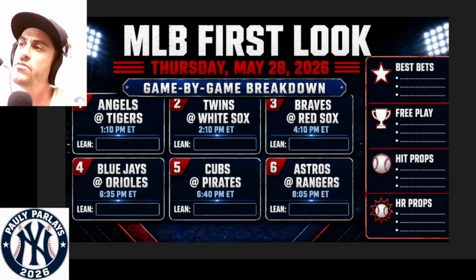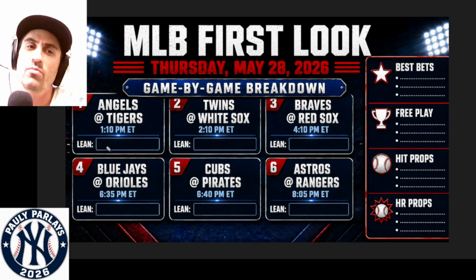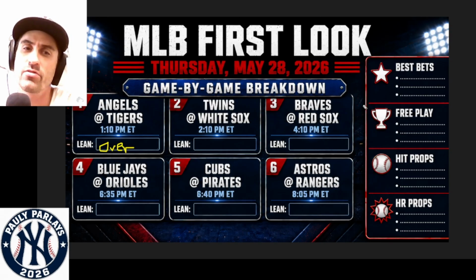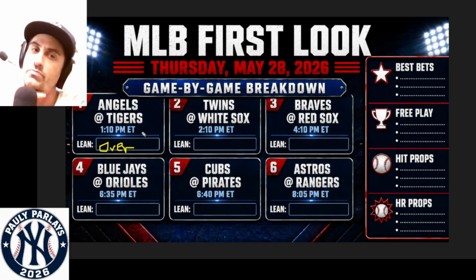That is the rough lean. So again, these plays here are my rough leans. The real plays will be over on the best bets on the right here. So I'm going to look at the over for Angels Tigers tomorrow.